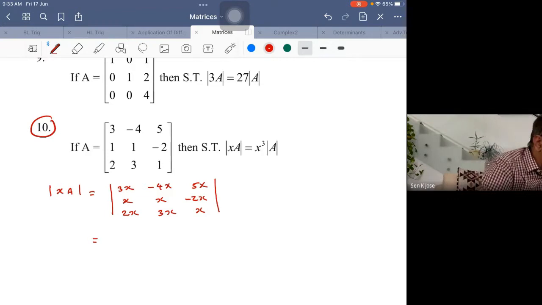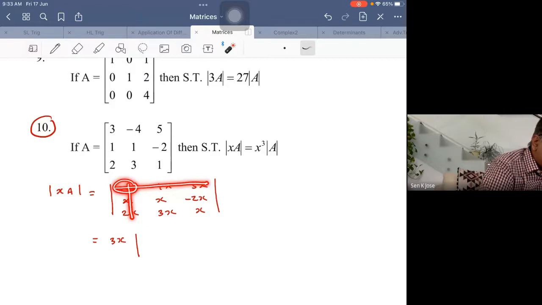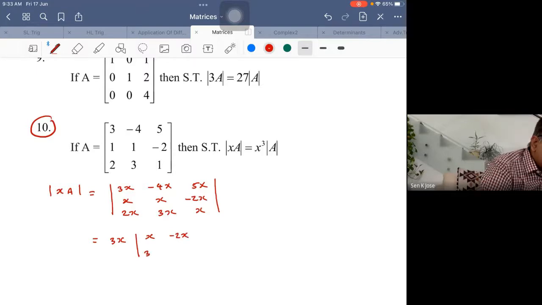We start with the first element. The first element is 3x into its minor. How do I find out the minor of 3x? Delete the row and the column it belongs to. Copy the remaining 4 numbers. So it's going to be x, minus 2x, 3x, and x, minus the next element.